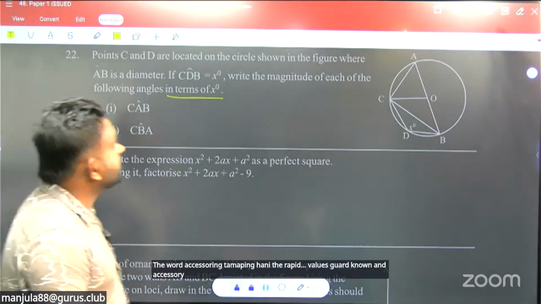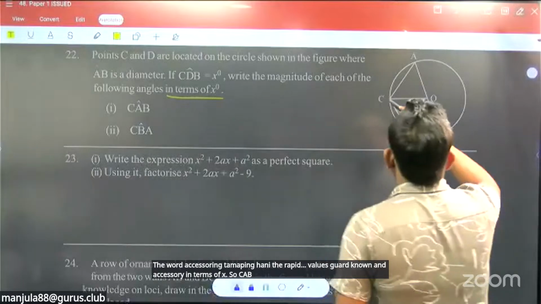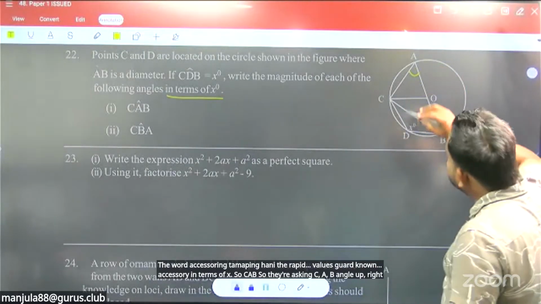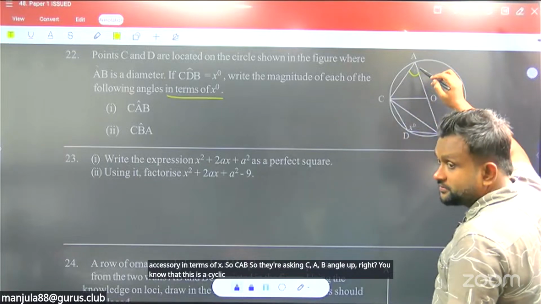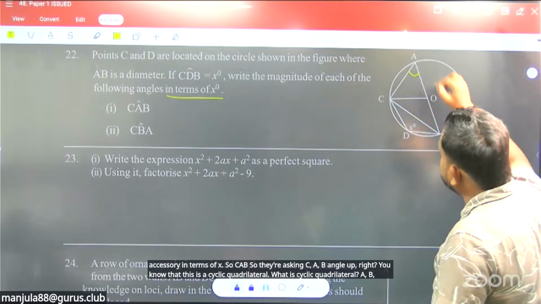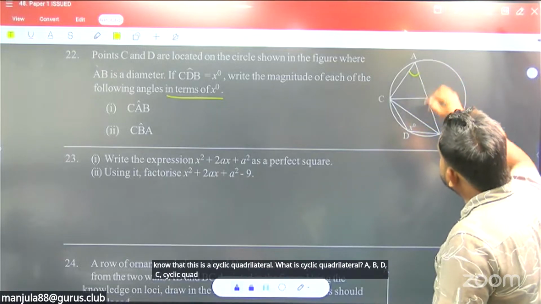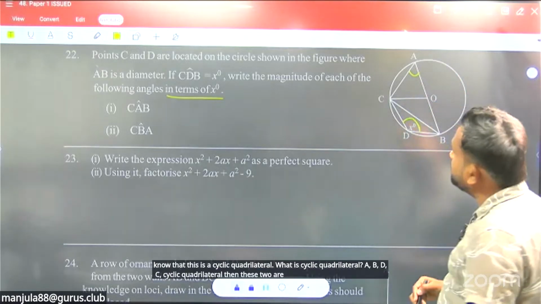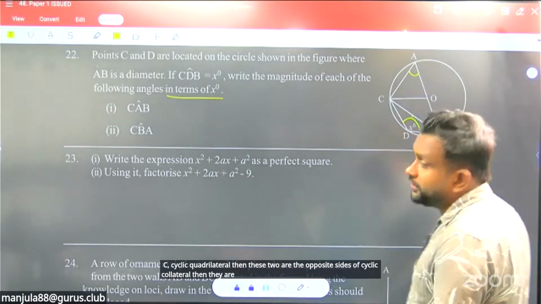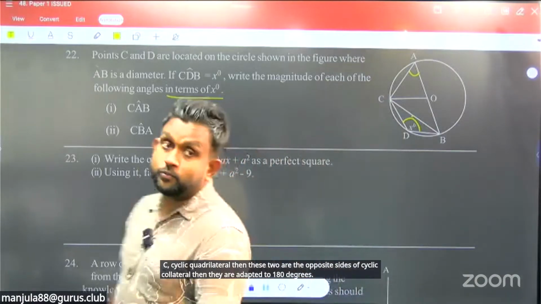So CAB, they're asking for angle CAB, right? You know that this is a cyclic quadrilateral. What is a cyclic quadrilateral? A, B, D, C is a cyclic quadrilateral. Then these two are the opposite angles of the cyclic quadrilateral, so they add up to 180 degrees.